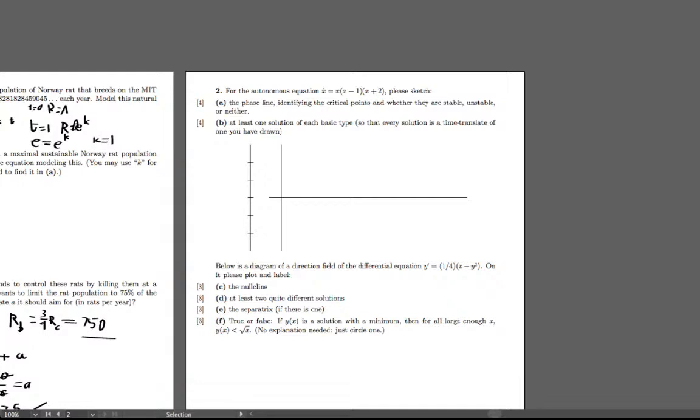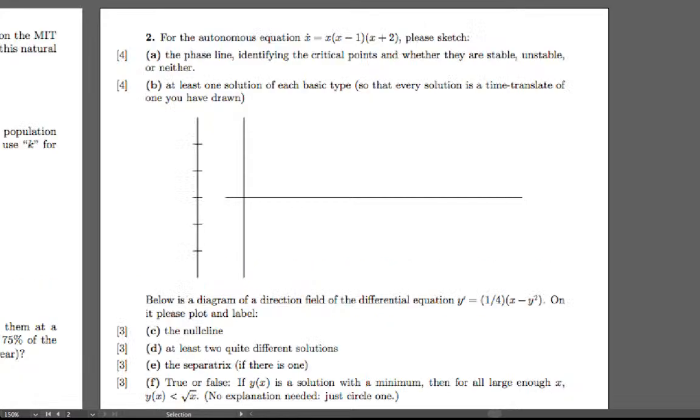For the autonomous equation x dot equals x minus 1 times x plus 2, please sketch the phase line, identifying the critical points and where they are stable, unstable, or neither. And part B, at least one solution of each basic type so that every solution is a time translate.